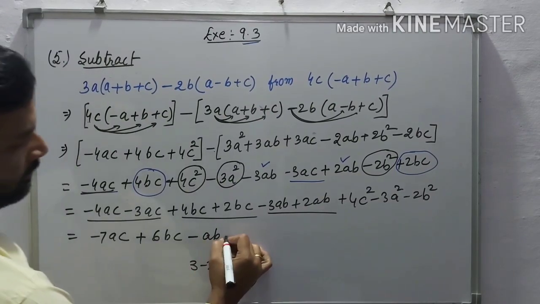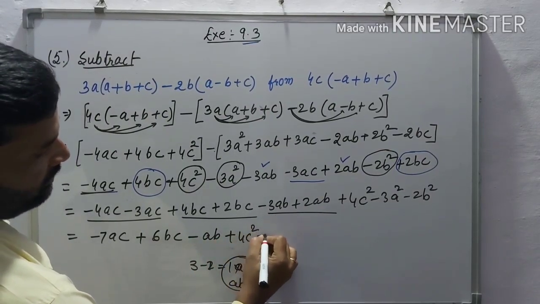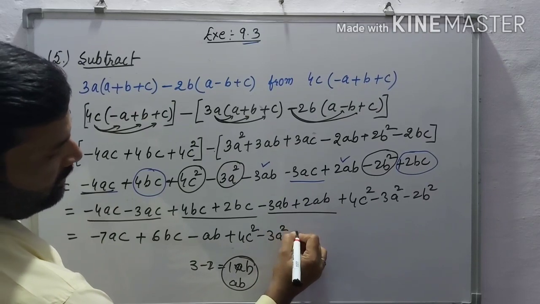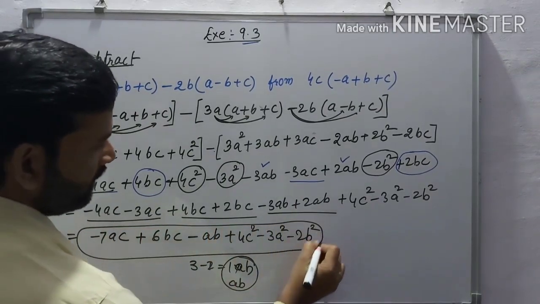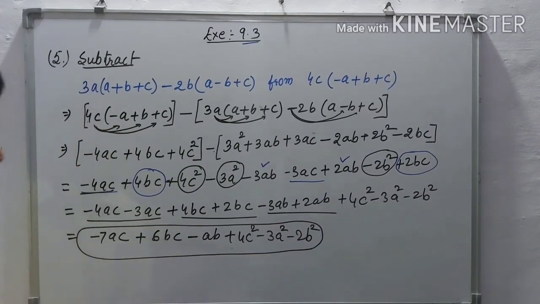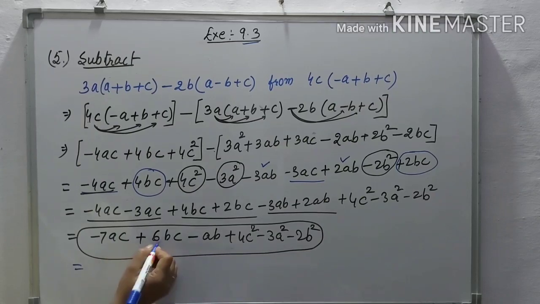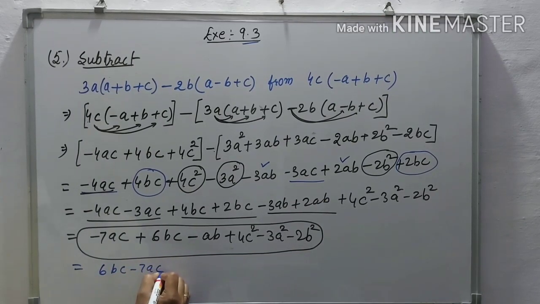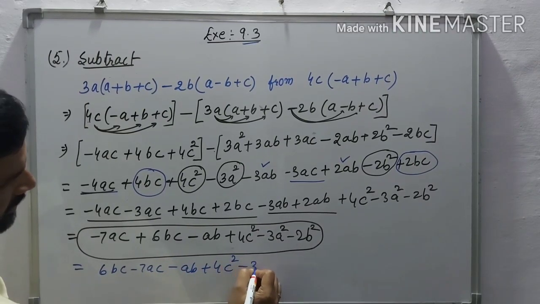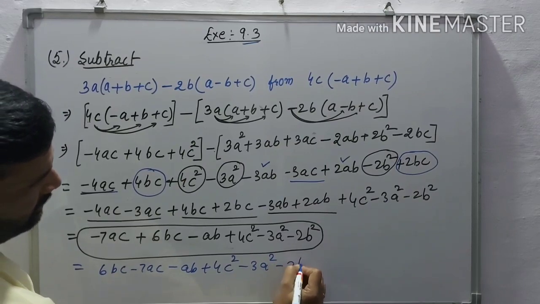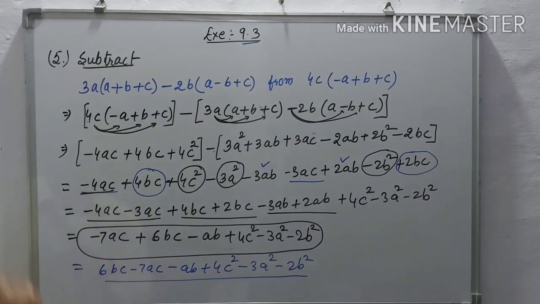Next is plus 4C square minus 3A square and minus 2B square. So this is the answer. And the standard way of writing the answer is to start with the positive term. So you write 6BC minus 7AC minus AB plus 4C square minus 3A square and minus 2B square.